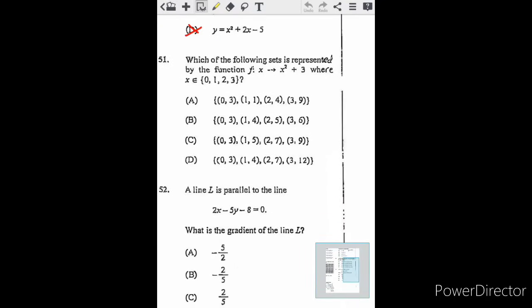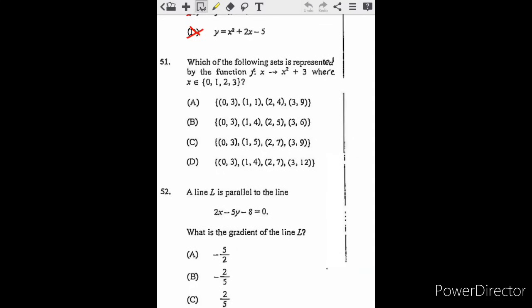51. Which of the following sets is represented by the function x and x squared plus 3, where x has the values 0, 1, 2, 3? Okay, so for this, we'll have to substitute the x values in our function.